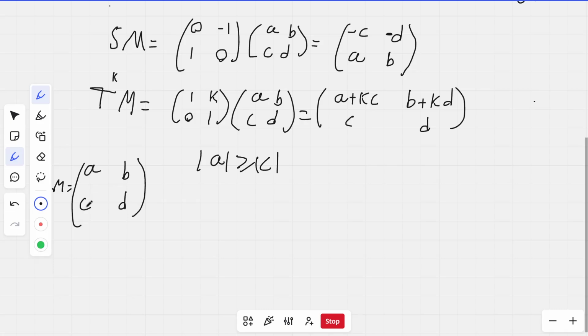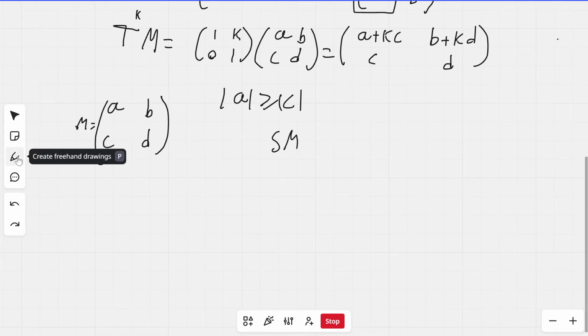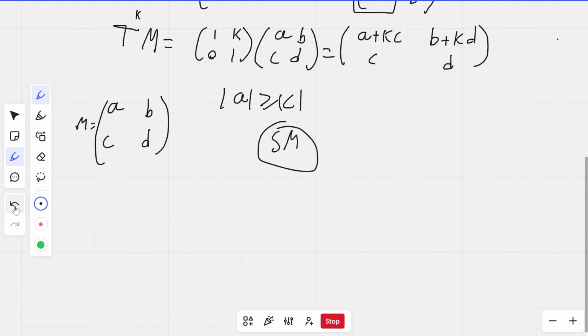The reason is, if this isn't true, then we can just apply the matrix S to M, and as you see, we will end up swapping these two. And so now the magnitude of the top left entry is greater than the magnitude of the bottom left entry, if it wasn't already the case. So we can assume that our top left entry has a greater magnitude than the bottom left entry. If it doesn't, we can just apply the matrix S and make that the case.